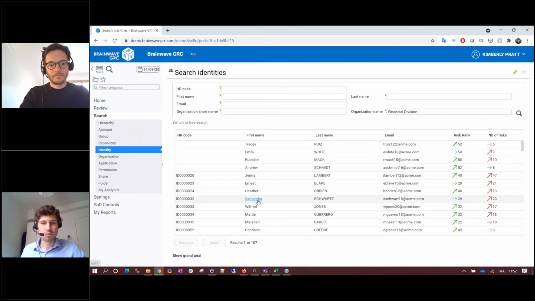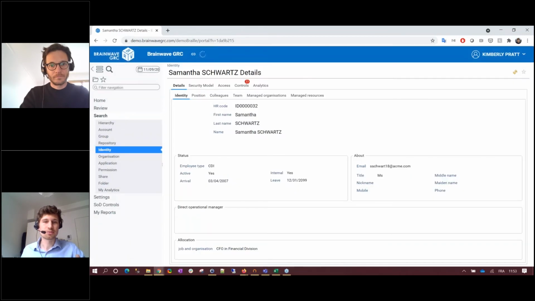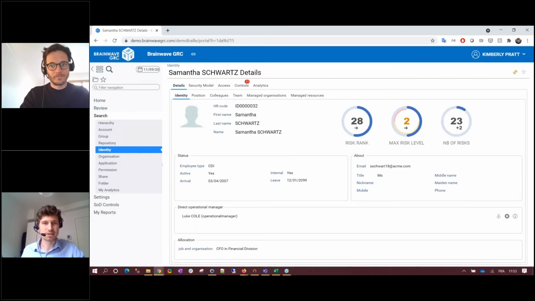If we look at one user, one person, one individual working for the financial division here, the tool shows all the different metadata we have ingested for this user. So you can retrieve information about employee type, if the user is active or not, the leave date, if there is a scheduled leave date, who is the manager of this user, and his position into the organization as the job.